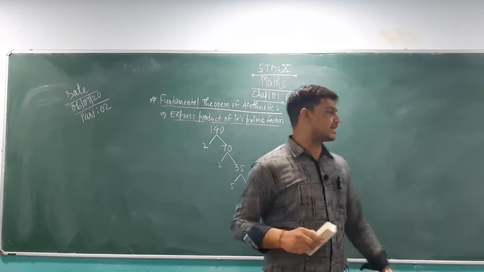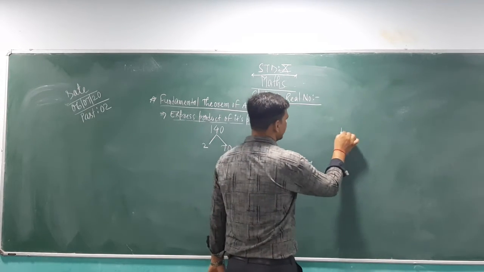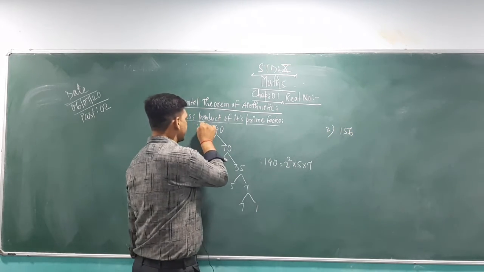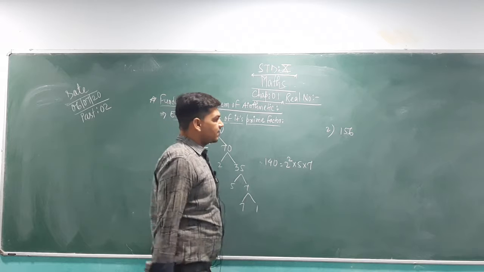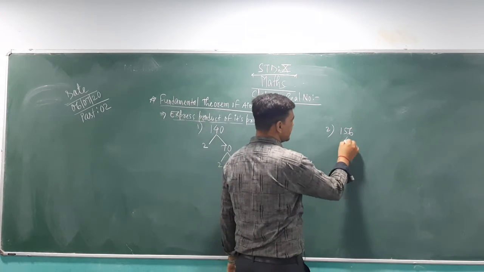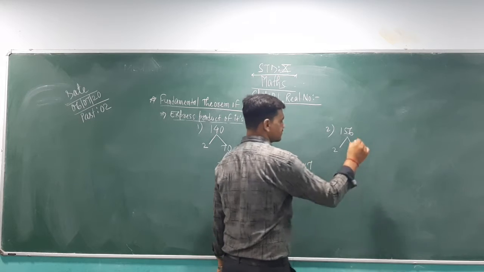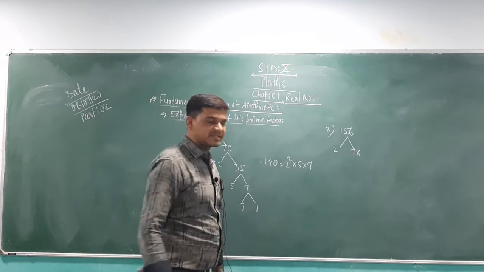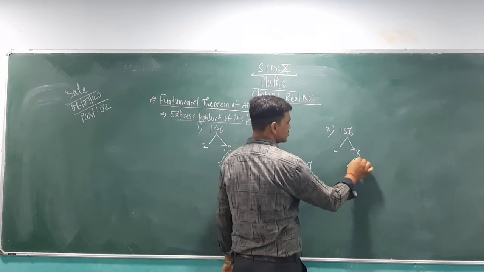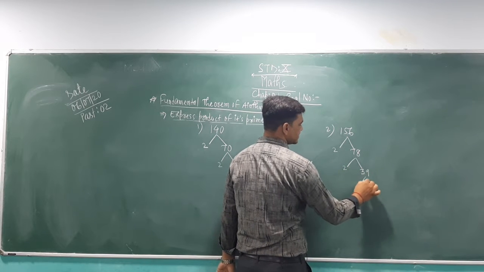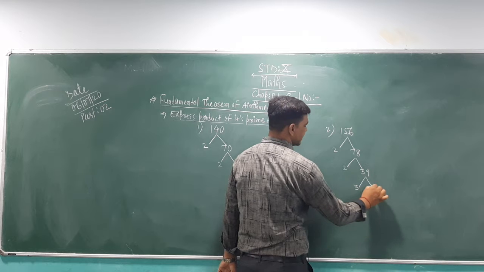Similarly, I will take another example, 156. How can we find it? 156 divided by 2 is 78. 78 is also divided by 2, that is 39. 39 is divided by 3, that is 13.